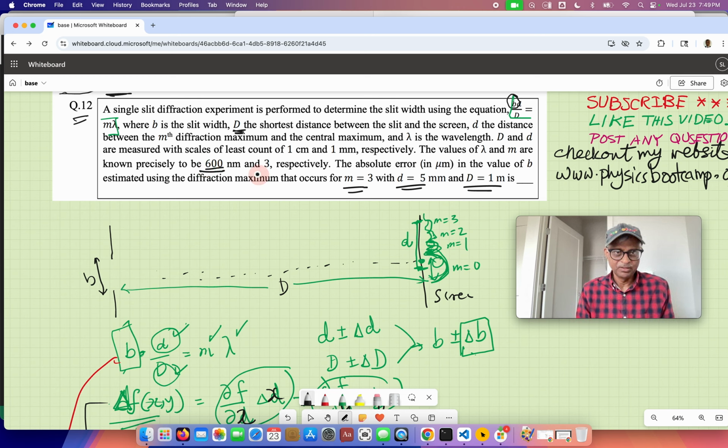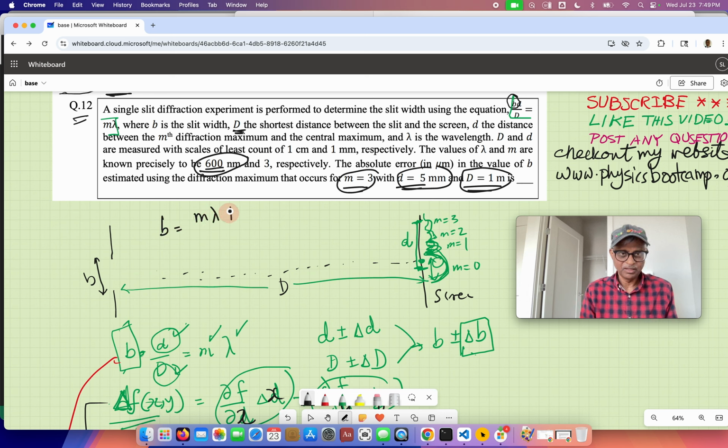Okay, so using these I can find, better be careful with units. So b will be m lambda capital D over d. So m is 3, and we're supposed to get b and delta b in micrometers. So we can just convert this to micrometers, but initially you just write down everything in terms of meters.